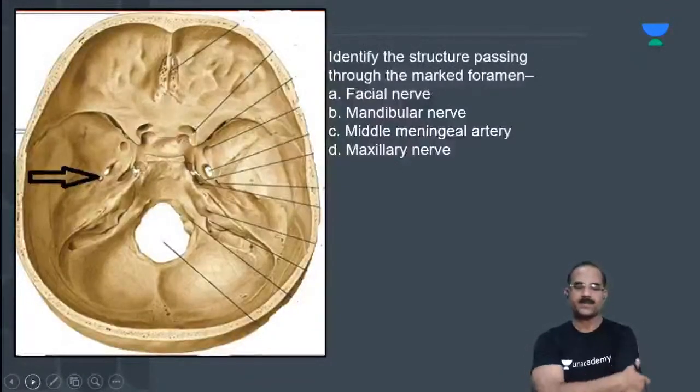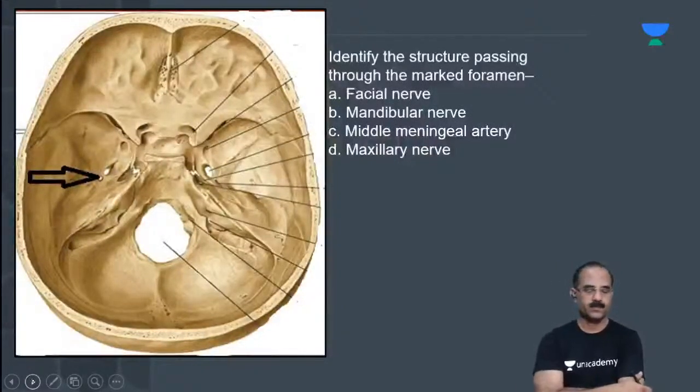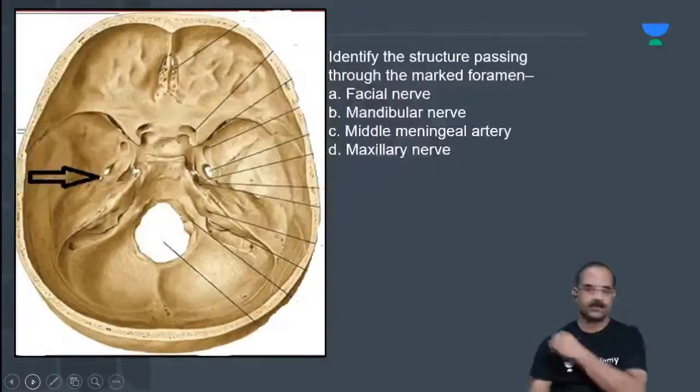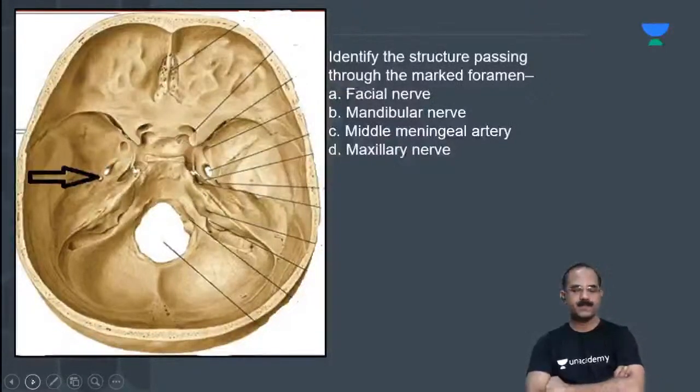Identify this. Yes, Nitin, what do you say?